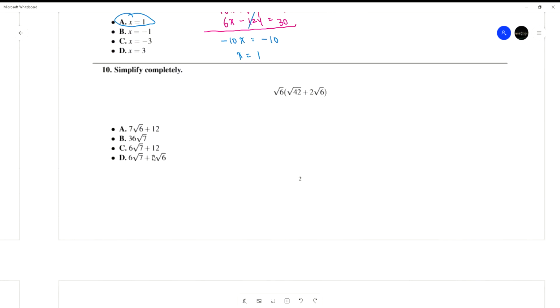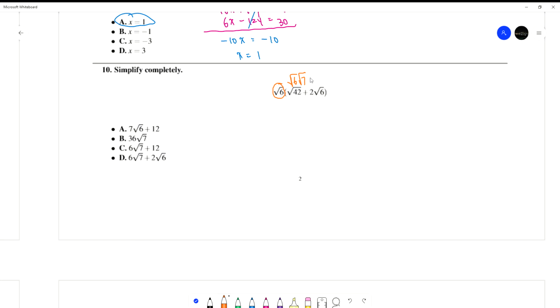Number 10. So the little shortcut, I mean, you could do this on the calculator and save you the headache, but for those of you going on to Math 6, this is the by hand method that I was trying to get you to remember, right? So radical 42, so I know that I'm trying to distribute this radical 6. So I see the radical 42 has a radical 6 there and a radical 7.